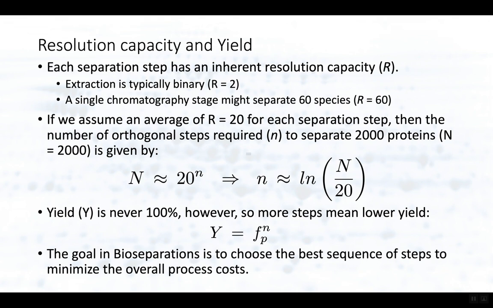So it's easy to see that yield only drops as we up the number of steps. So we really want to minimize the total number of steps that we use. Putting the steps in the correct order can help that tremendously. So there's a lot of things to consider when you're doing bioseparations.